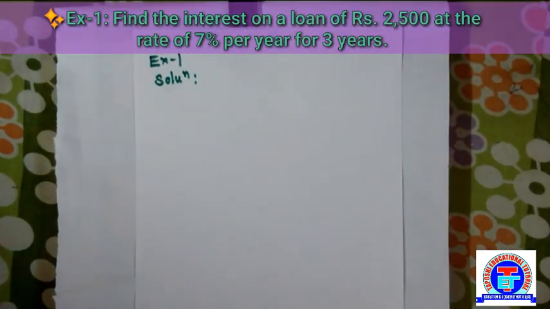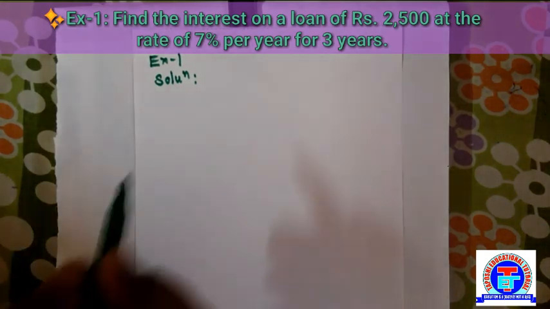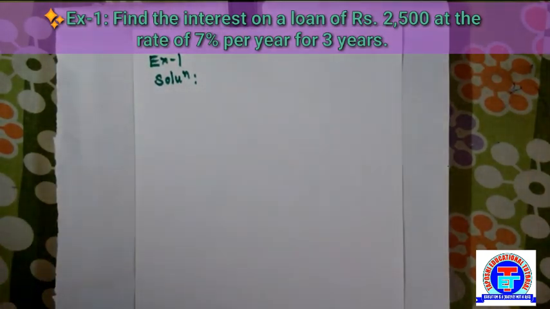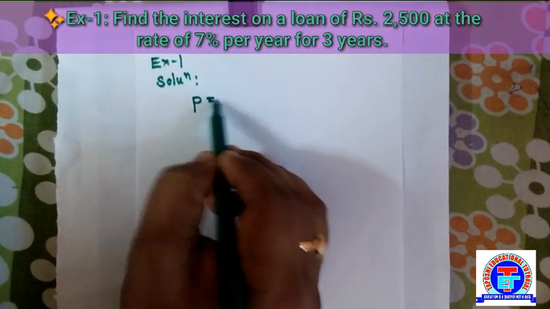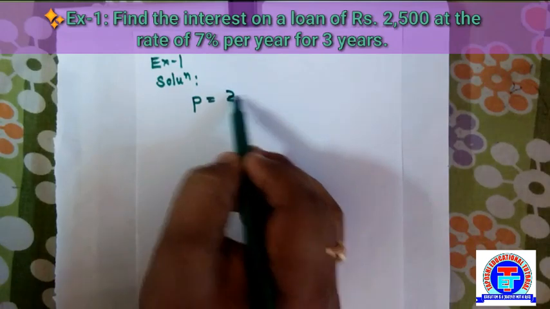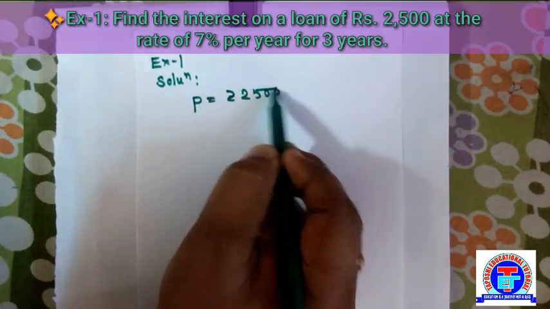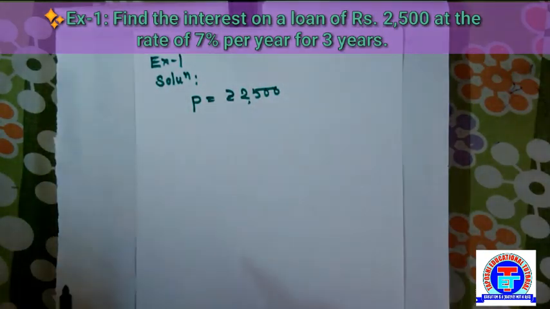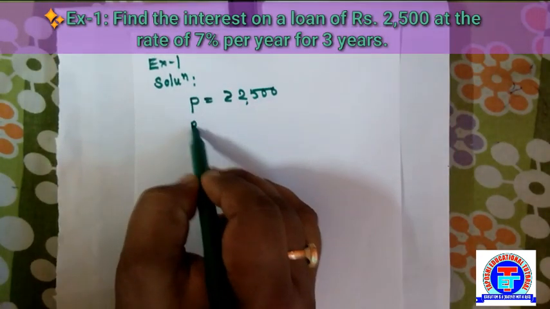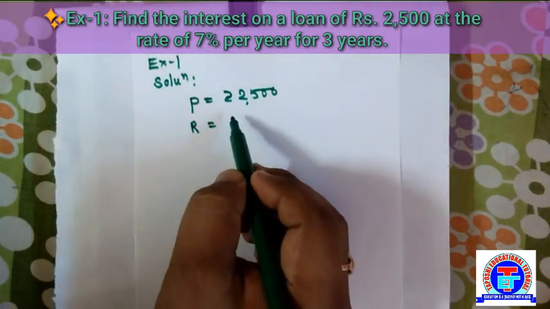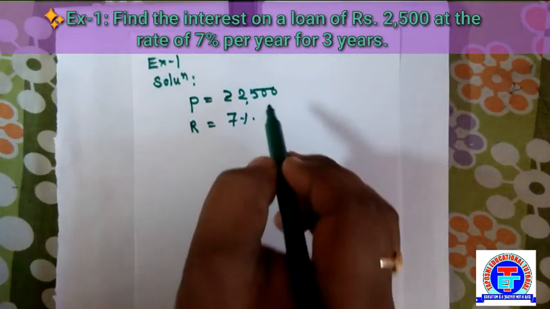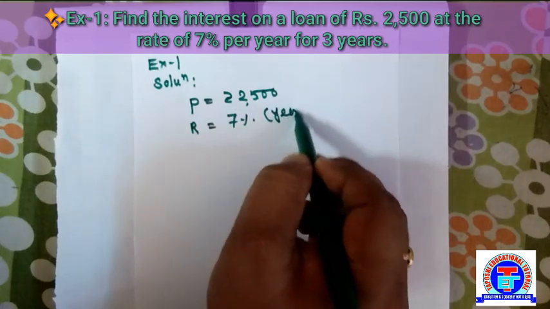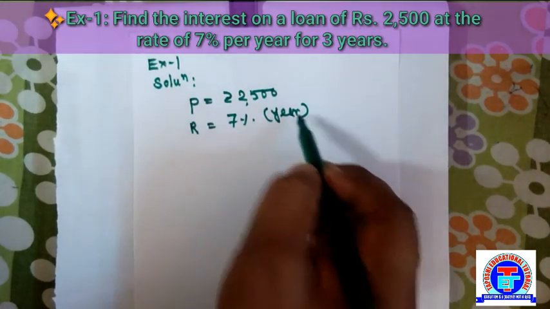First of all we need some data that is given. Principal P is equal to rupees 2,500, right? And rate of interest R is equal to 7% per year or per annum, right?